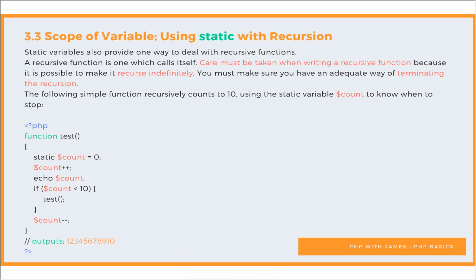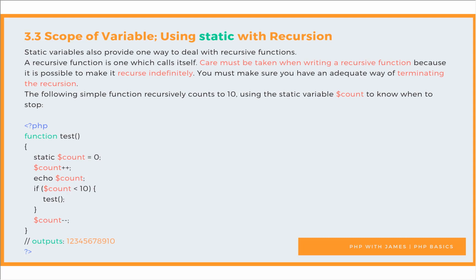We have function test. Here we have a static $count = 0. Then we have $count++. On the third line, we echo $count. We now have a condition: if $count is less than 10, then we again call the test function.